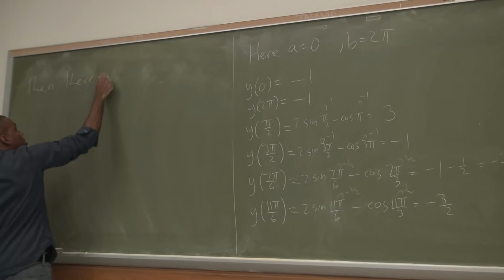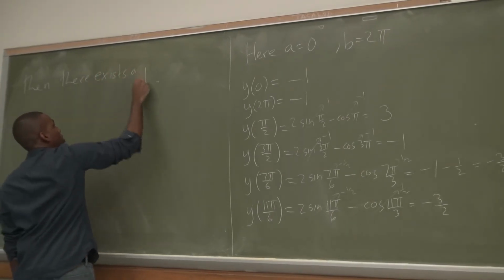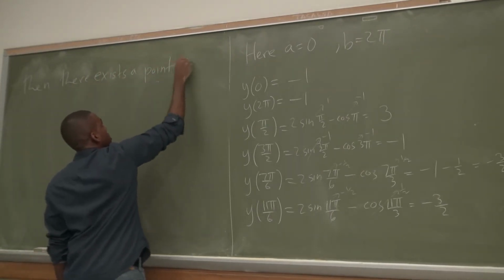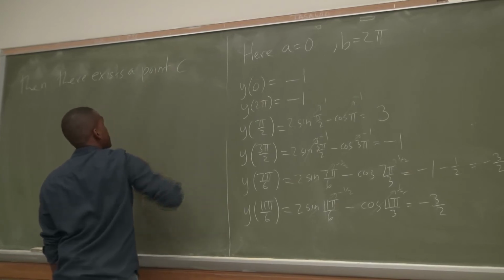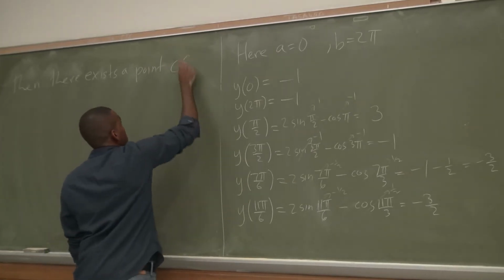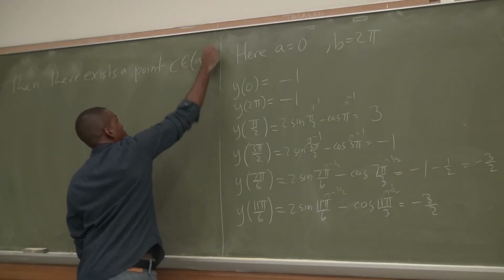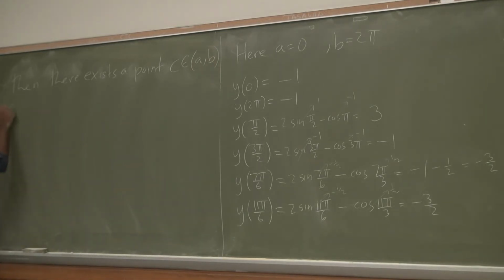Right. There exists a point c. Where does it live? Between a and b, the open interval. So it's strictly between a and b, such that f prime of c equals 0.